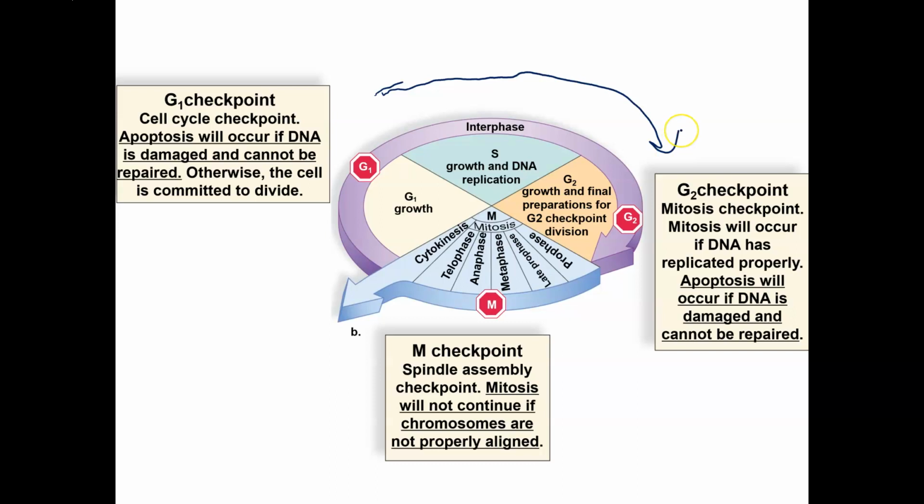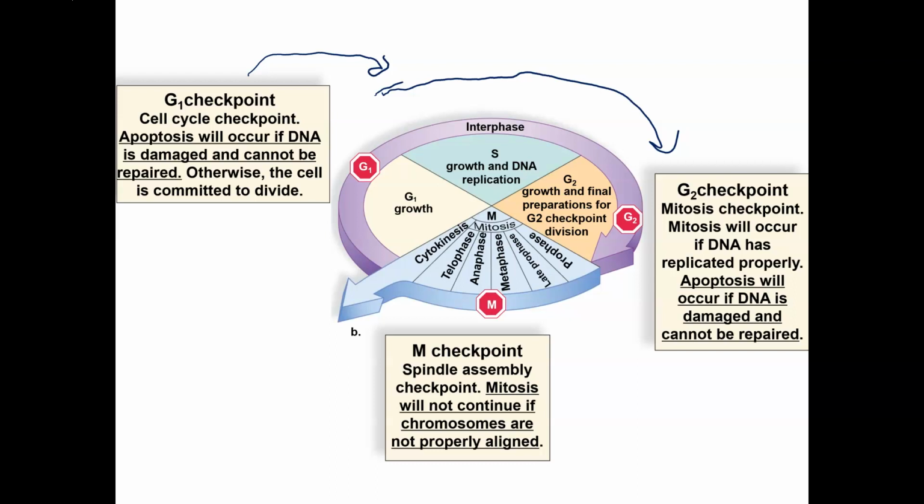So now we're moving to the G2 checkpoint. So this is a checkpoint to make sure that the cell is ready to go into mitosis. This first checkpoint was making sure that the DNA was ready for synthesis, okay, which is right there. Now we're readying ourselves for mitosis. So they're going to check to make sure that the DNA was replicated properly.